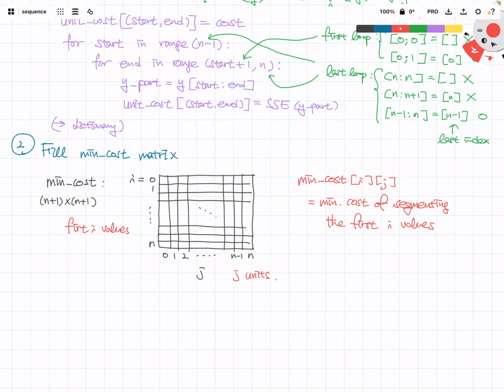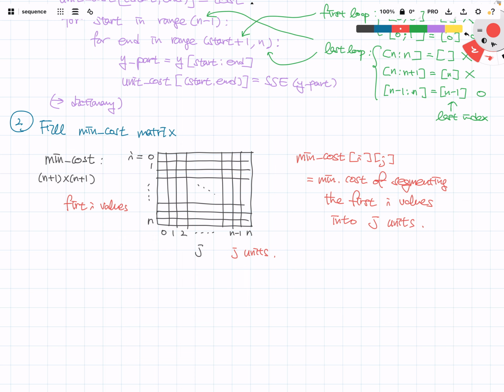We take only the first i values out of the whole sequence and segment this into j units. Then we can calculate the cost for many different combinations, and we can choose the minimum cost among the combinations. And we will define another index k, but it's a little bit complicated.